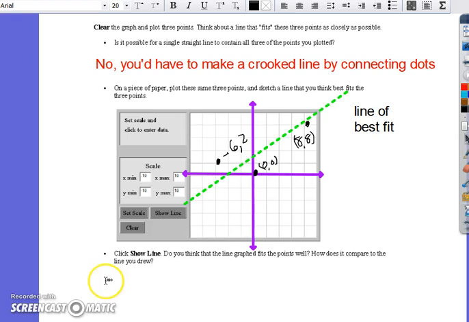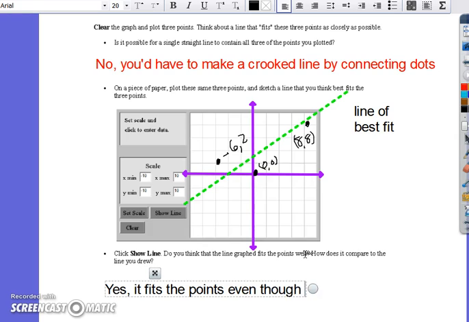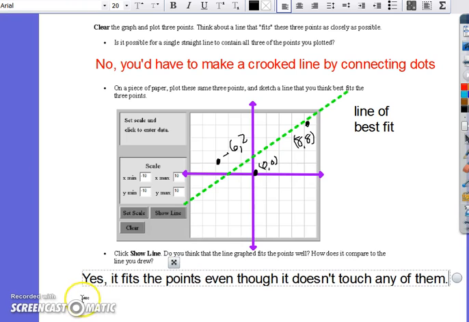It says, click Show Line. Do you think that the line graphed fits the points well? Yes, it fits the points, even though it does not touch any of them. And then how does it compare to the line that we drew?